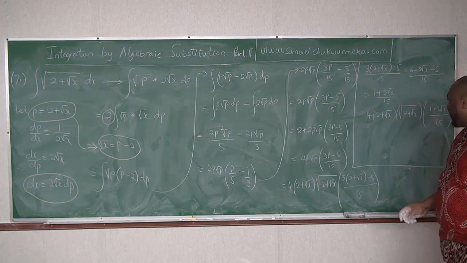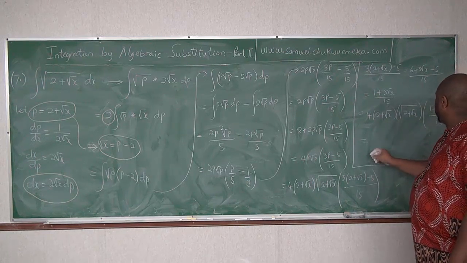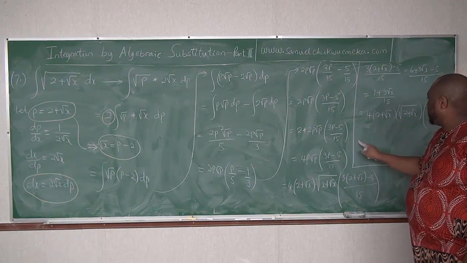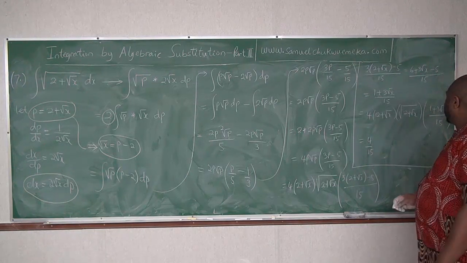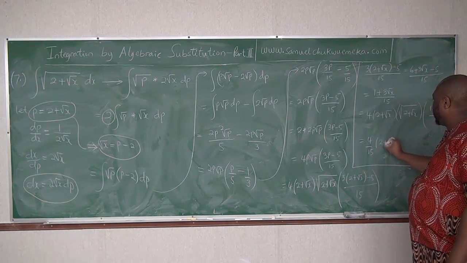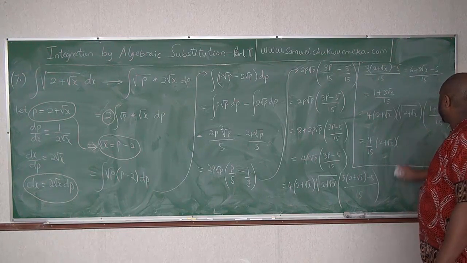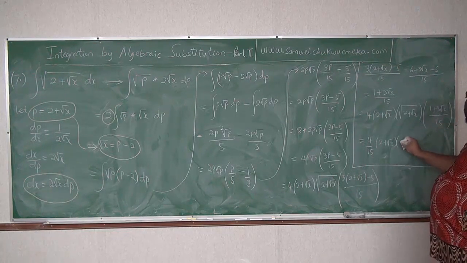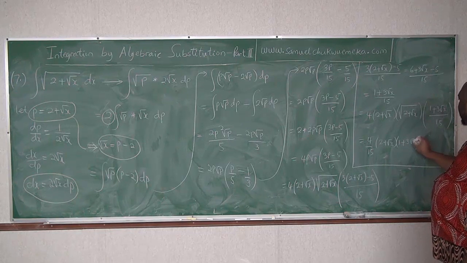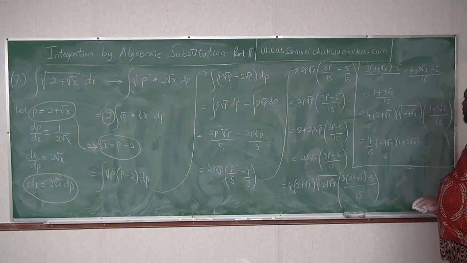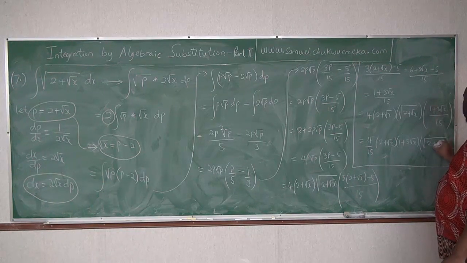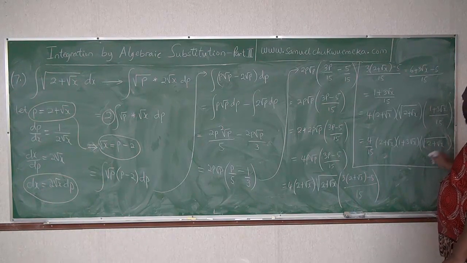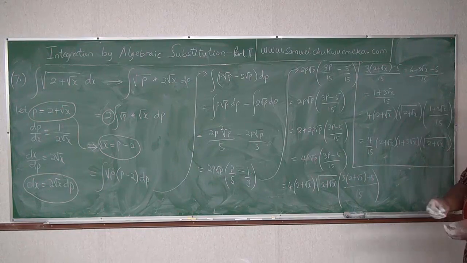So the final answer, to make it easier, will be 4 over 15 times 2 plus root x times 1 plus 3 root x times the square root of 2 plus root x. That is it.